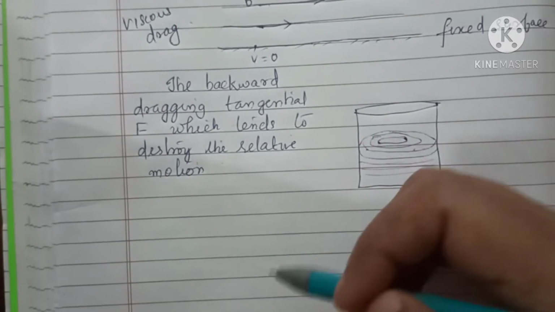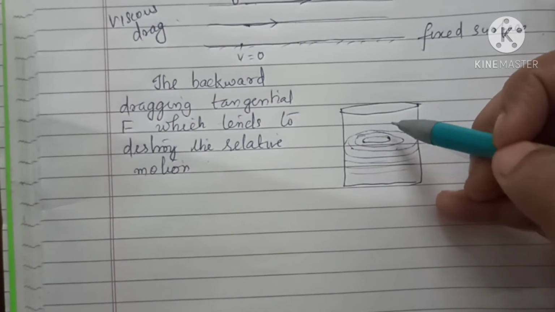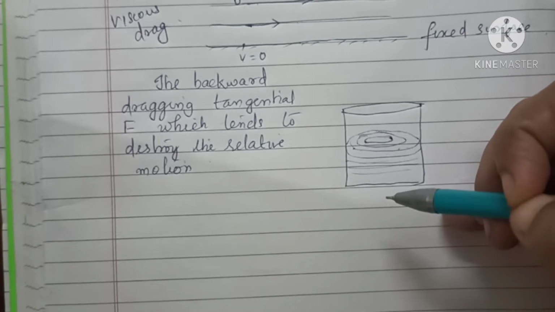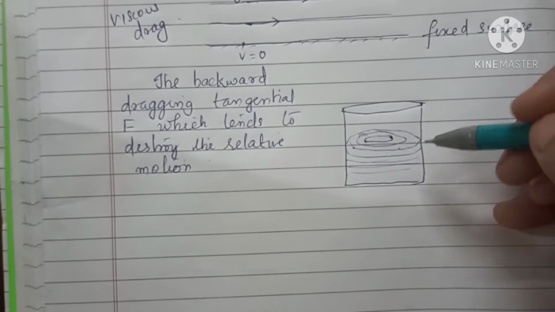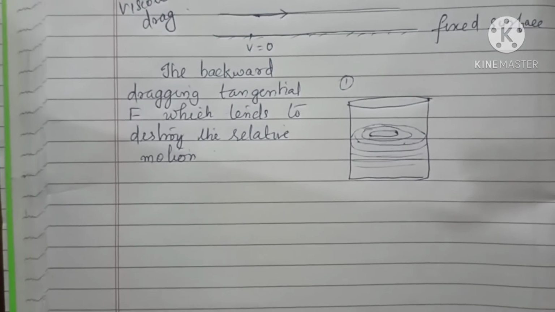Okay. Suppose if you want to maintain the motion, what will you do? Yes, you have to apply an external force which can overcome the backward viscous force. Understand? So this is one of the examples that we can use in the case of viscosity.